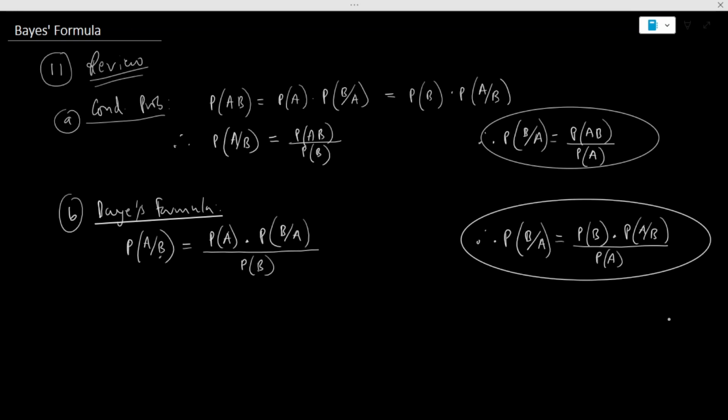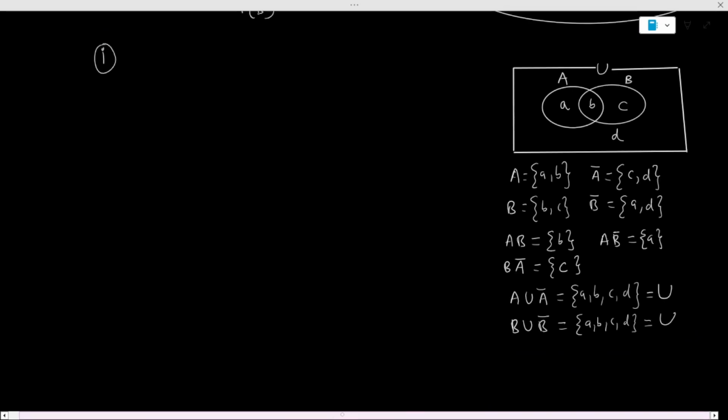Now we are going to expand this denominator part. There are two conditions that we will discuss over here. The first one, let me explain the Venn diagram.